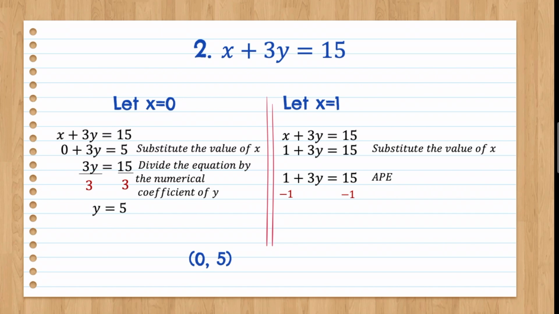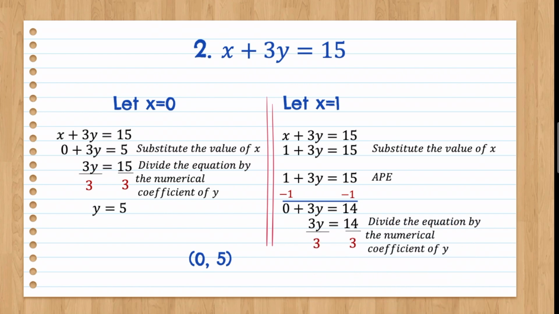So, 1 minus 1 is just 0. Then, you have 3y is equal to 15 minus 1, which is just 14. Then, you will still have 3y is equal to 14. But the problem is, ang numerical coefficient ni y ay 3. Hindi pa siya 1. So, again, divide the equation by its numerical coefficient. So, ang y natin is 14 over 3.